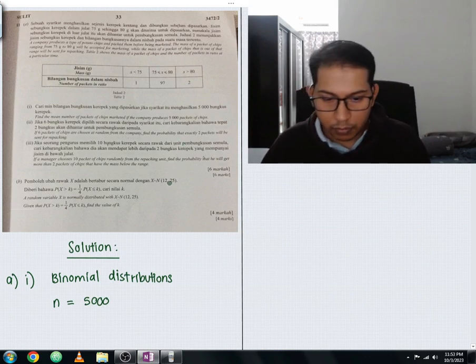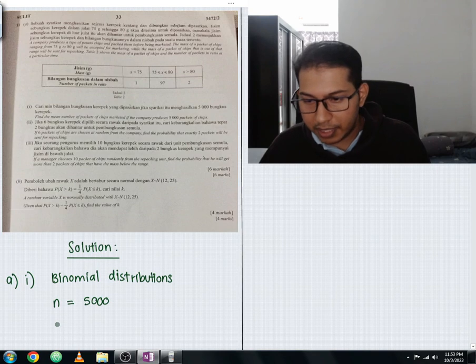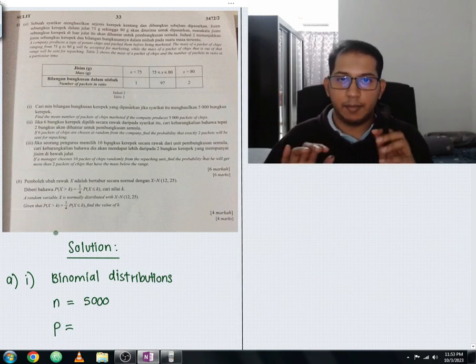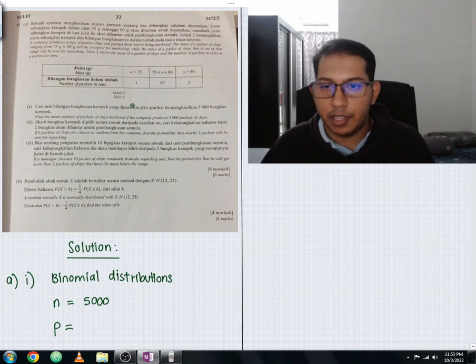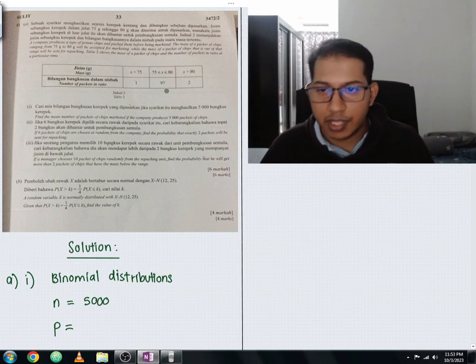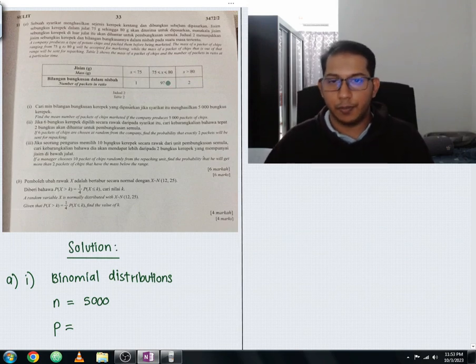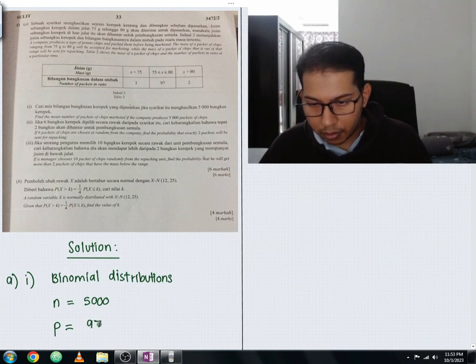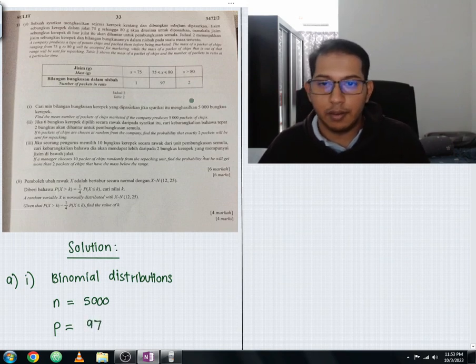Okay, and then the next thing we should know is the probability of success, which I denote as the small letter p. The probability of success that we want to find is the probability where the mass of a packet is between 75 gram to 80 gram, which in this case is expressed as a ratio, 97, and then you divide with the total ratio.